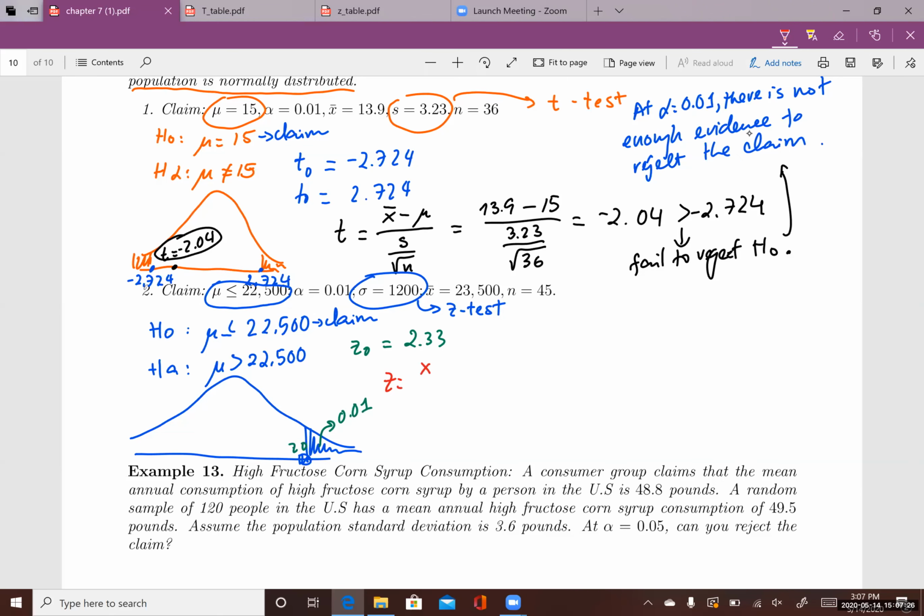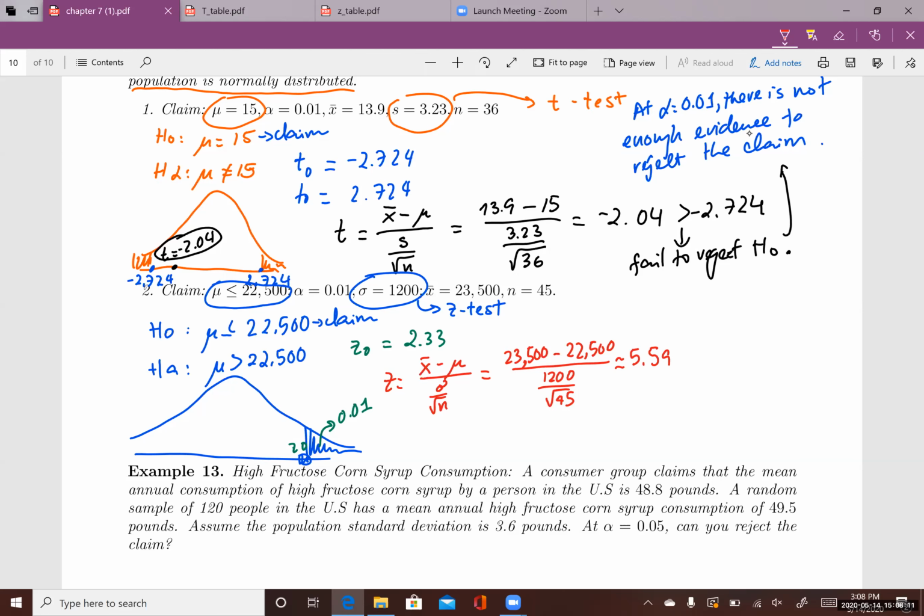Z equals x bar minus mu divided by sigma divided by square root of n, equals 23,500 minus 22,500 divided by 1,200 divided by square root of 45, which is about 5.59.